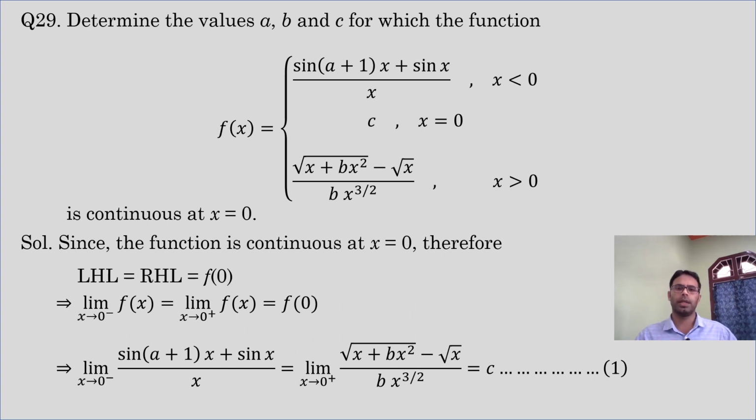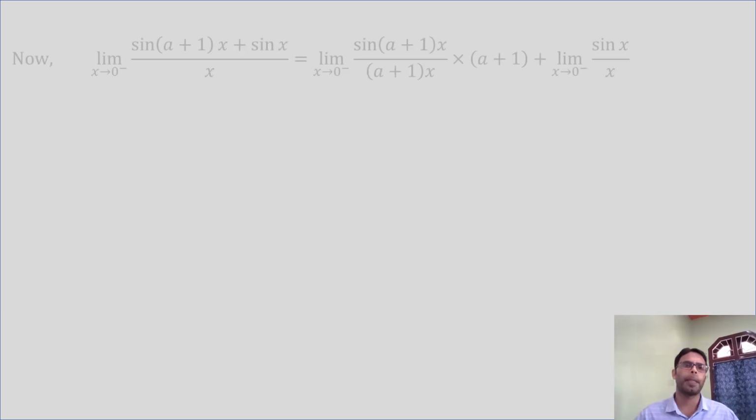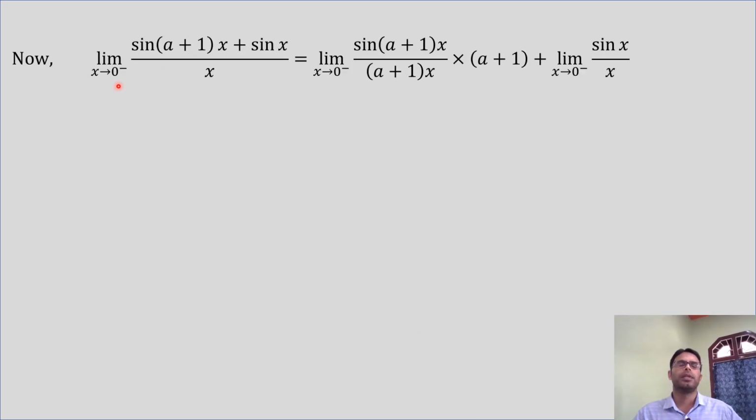Then go to the next screen. Sorry, the last line is written here. You see, the left hand side is similar. This is to get the formula, because we have the formula that limit x tends to 0 of sin x over x is equal to 1.